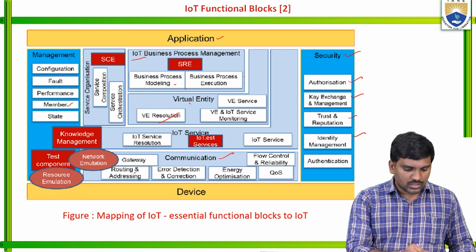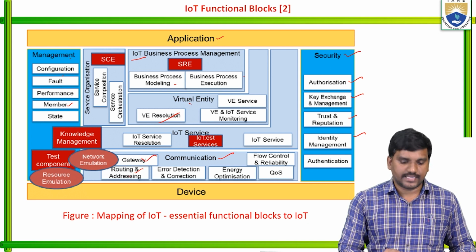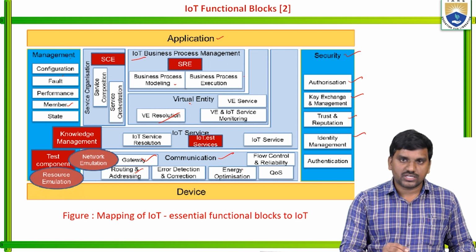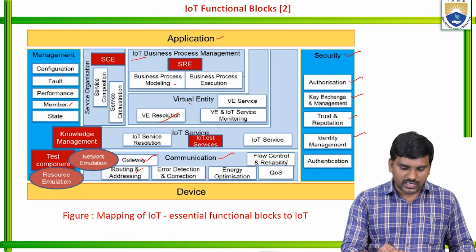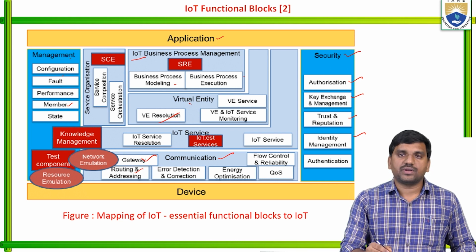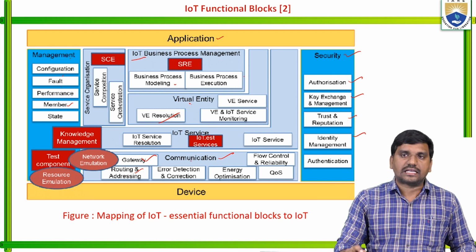Communication protocols, routing and gateways, routing and addressing, error detection and correction codes, energy optimization, flow control, reliability, and quality of service. So this is the elaboration of the IoT functional block, including application, security, communication, and management.